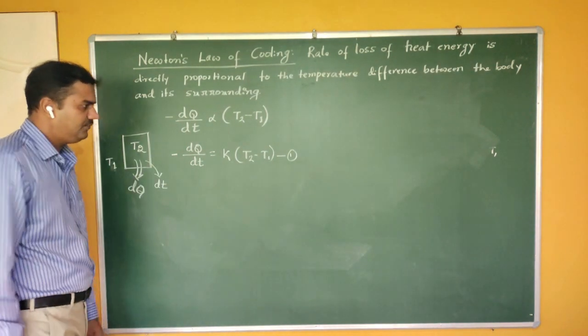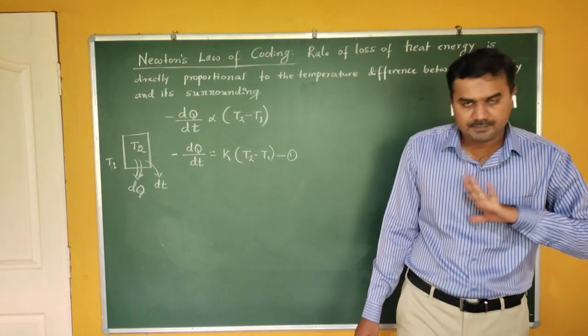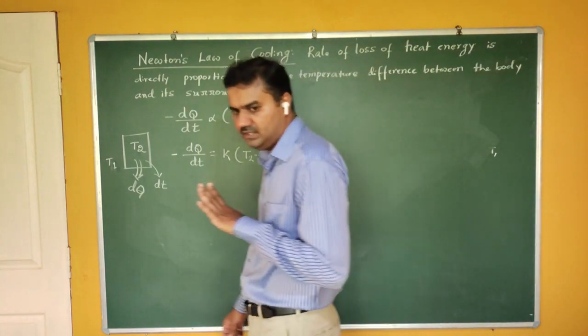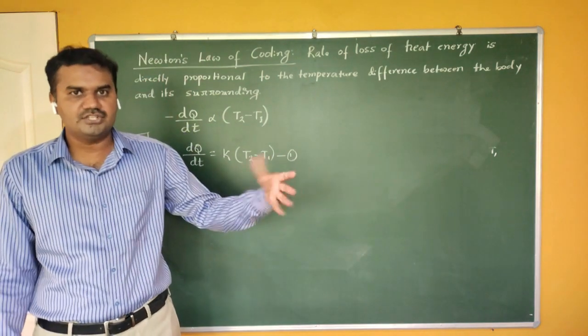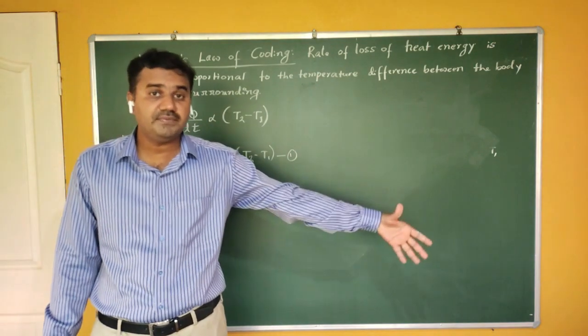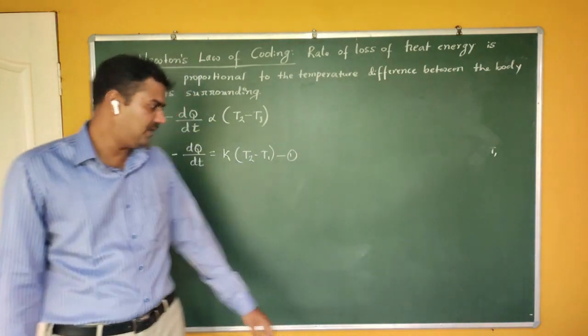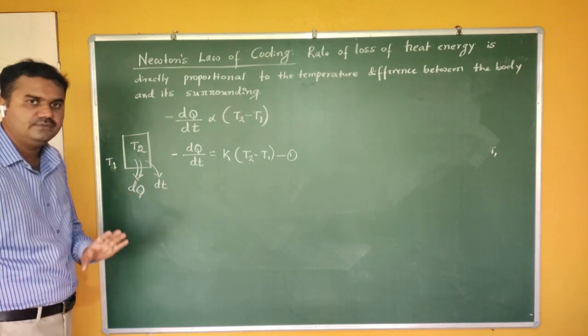Again, if I take the concept of specific heat, because if there is a change of temperature, then you should have the amount of heat energy liberated by the body. It can also be written in terms of the specific heat formula. If there is a change of temperature, some heat is flowing out.